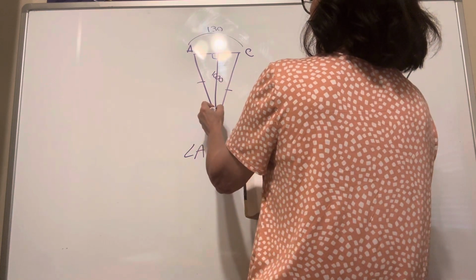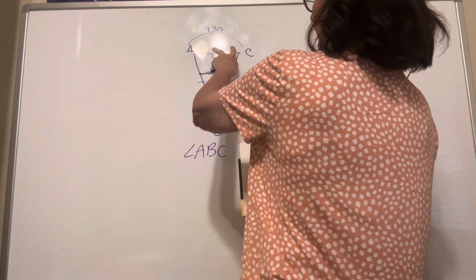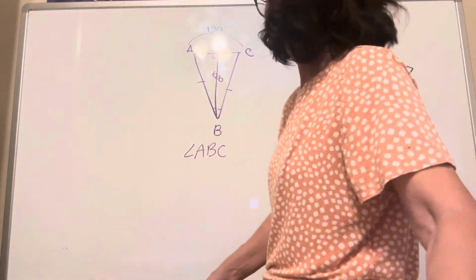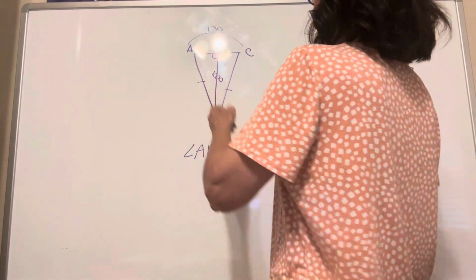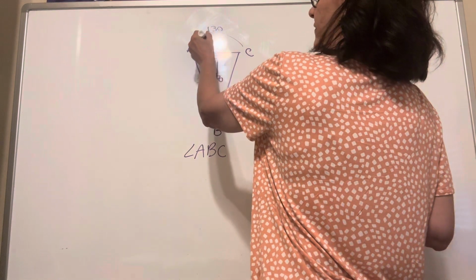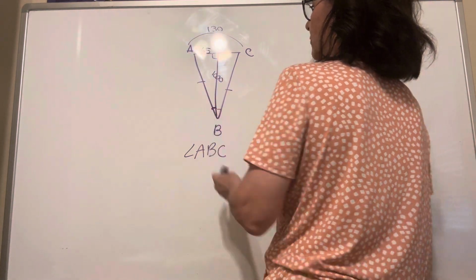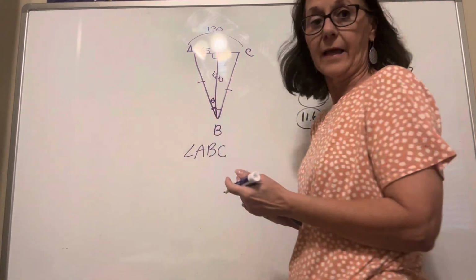Well, these two angles have to be equal because the altitude not only bisects an isosceles triangle. All right, so this has got to be half of that. What's half of 130? 65. So if I get one of these angles, I'm just going to multiply it by 2. So that's what I'm going to do. We'll label that angle theta.